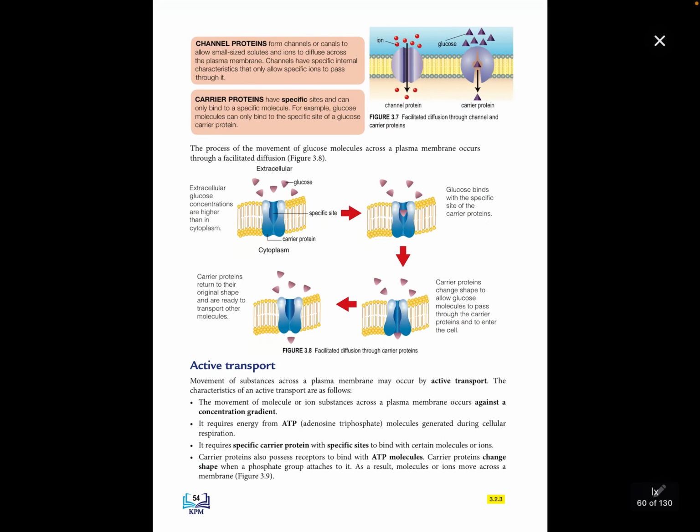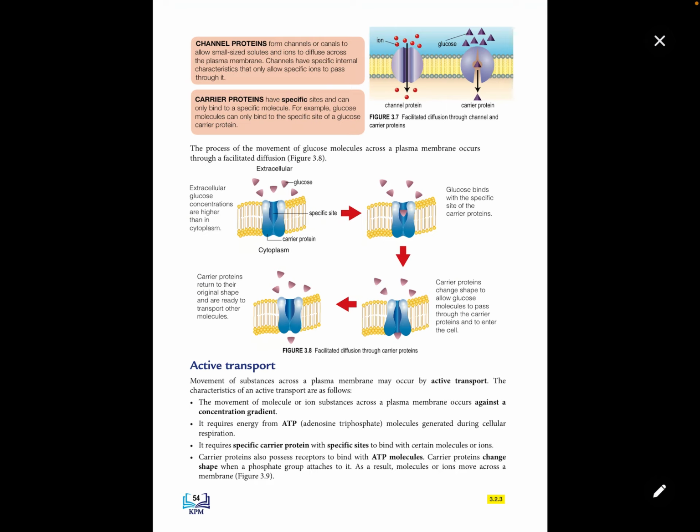How does it work? Channel proteins are basically special tubes for certain ions or molecules. It's like a security system where only some can pass through and some cannot. Carrier proteins, meanwhile, are specific.